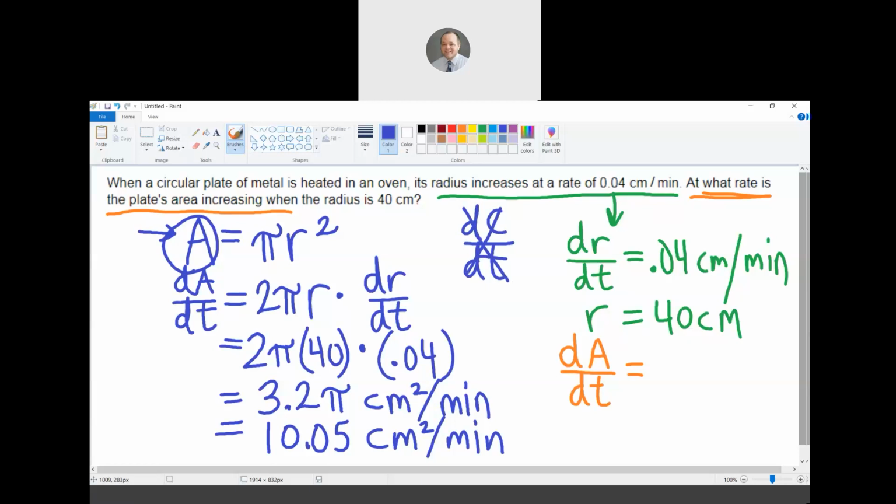Yes, sir. And rate is another term for time. Kind of. Rate is like your distance or change divided by time. You can look at it that way. Like the change in whatever you're looking for, change in area, change in volume over your time, that's essentially what your rate is.